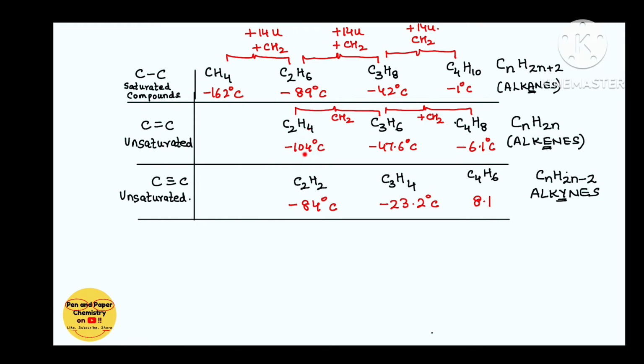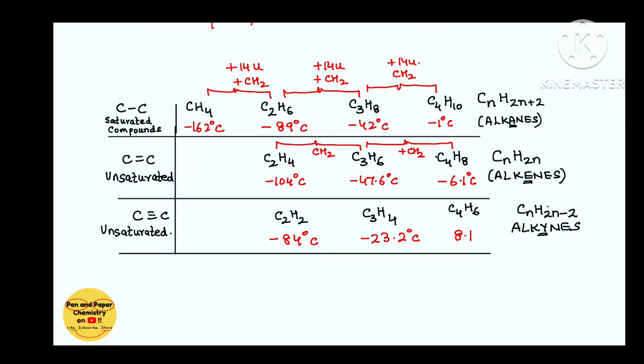C2H4, boiling point negative 104. C3H6, negative 47.6. C4H8, negative 6.1. Again, boiling point is increasing as the molar mass is increasing. Similar observation is seen in the case of alkynes, triple bonded compounds: negative 84, negative 23.2, and a positive 8.1.